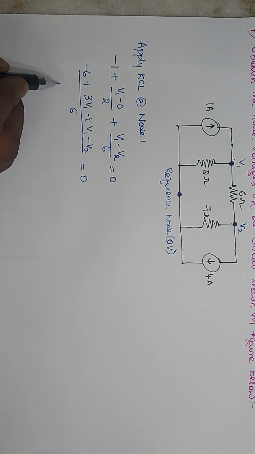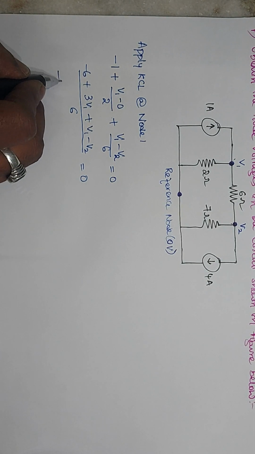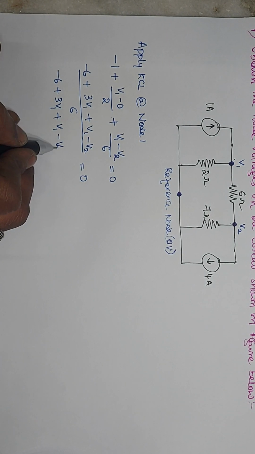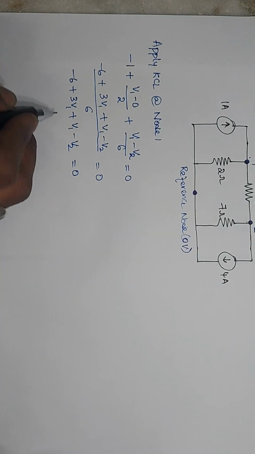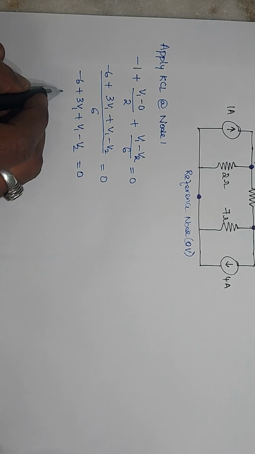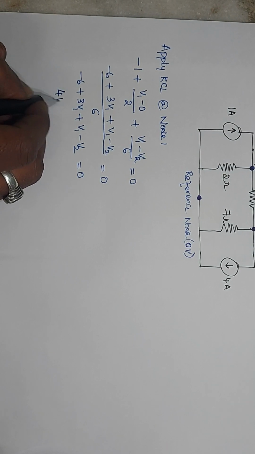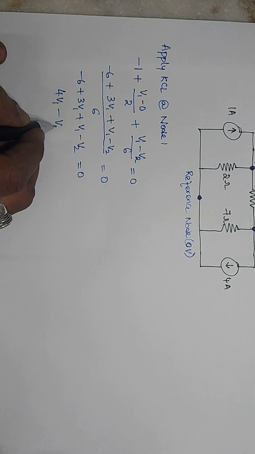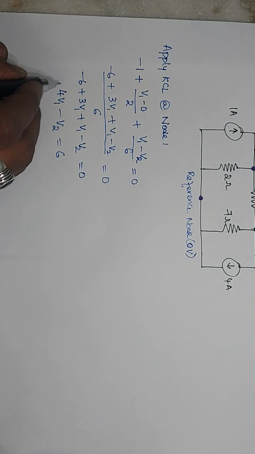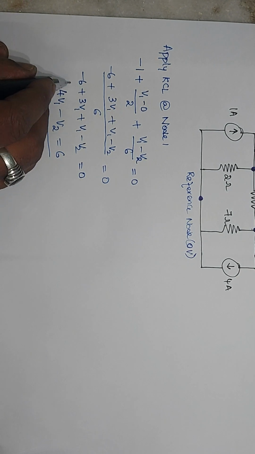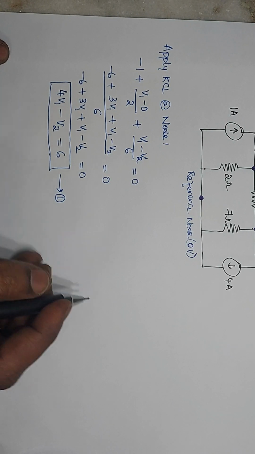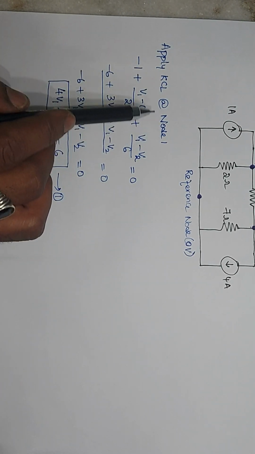So now we have minus 6 plus 3V1 plus V1 minus V2 is equal to 0. Now 6 cross multiply, so it becomes 0. So 3V1 plus V1 is 4V1, minus V2, which is equal to minus 6 plus 6. This is equation number 1. This is how we obtain it by applying KCL at node 1.